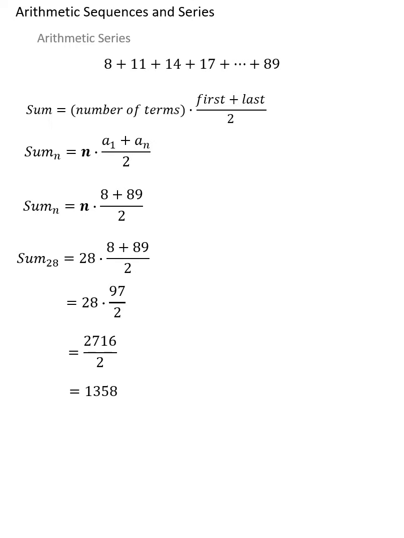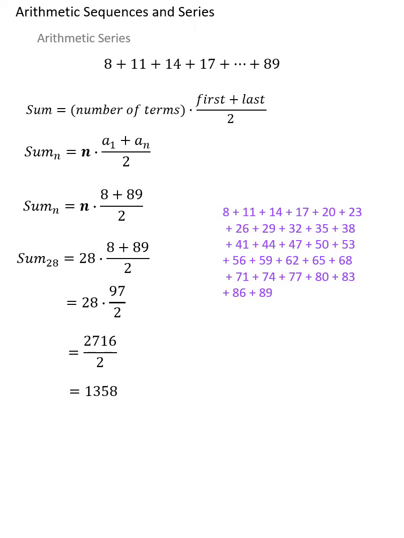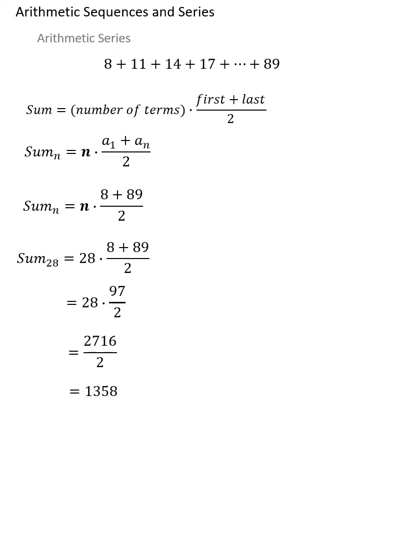By the way, it's worth noting that you could always check this on a calculator by literally typing in all the terms of the series, and you would indeed find that that sum is 1,358. And that concludes the third of this 4-video series.